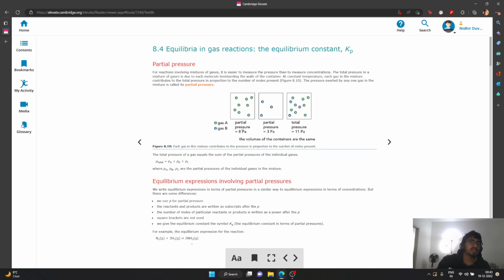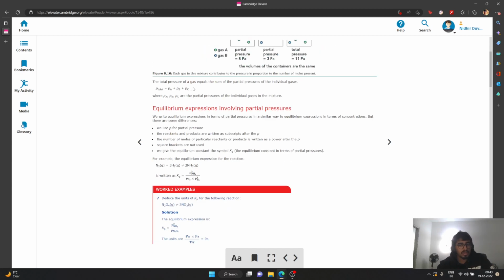So the partial pressure because of gas A is 8, the partial pressure because of gas B is 3, and the total pressure because of gas A and B is 11. Of course, total pressure is equal to the partial pressure of A plus the partial pressure of B. This is an expression that we need to remember.